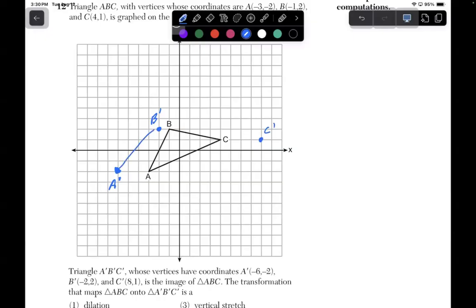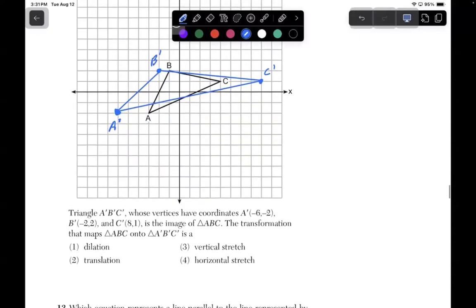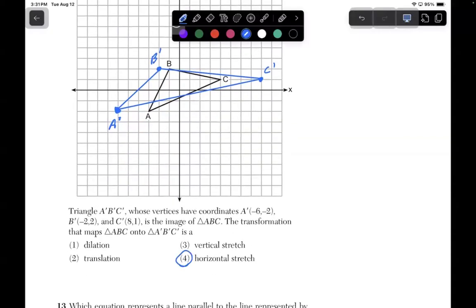So what does this new triangle look like? I don't know why they are doing these types of questions now. It's definitely new. So it's not a dilation. If you just look at this thing, how is this being stretched? It's being stretched horizontally. So it's not really a dilation, because a dilation would actually stretch it both vertically and horizontally. It's definitely not a translation.